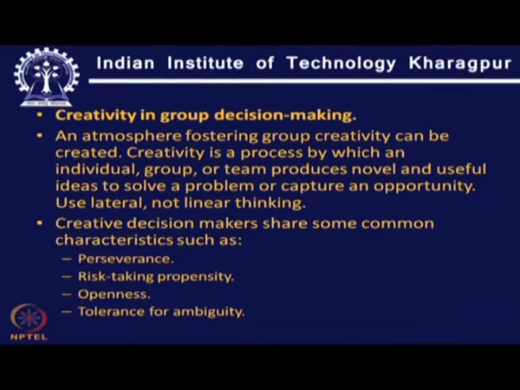Creativity in group decision making is where we look into more novel ideas to solve a problem or capture an opportunity, and it depends on certain characteristics, like personality characteristics such as perseverance, risk taking propensity, openness, and tolerance for ambiguity. These are the personality qualities that are required for creative decision making.